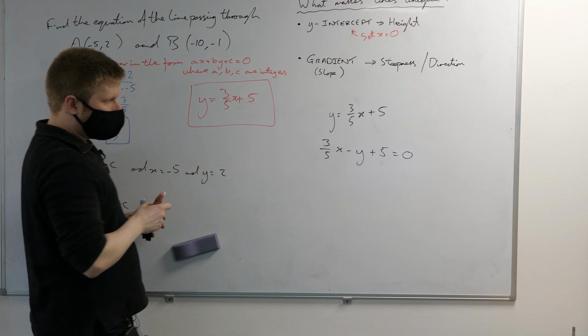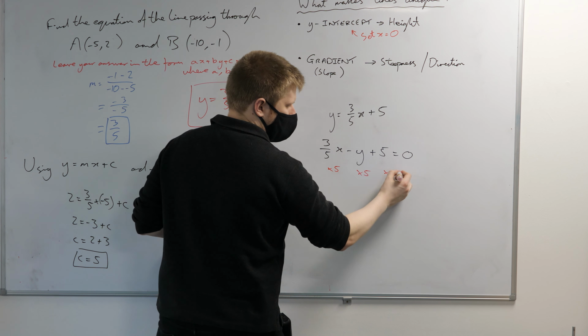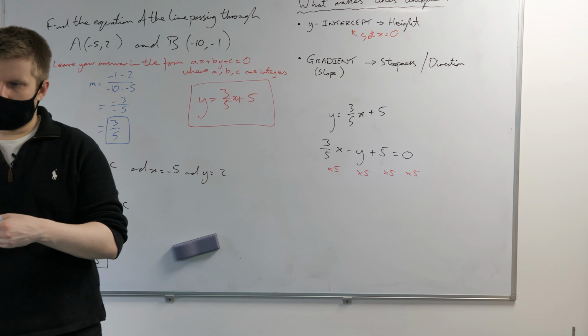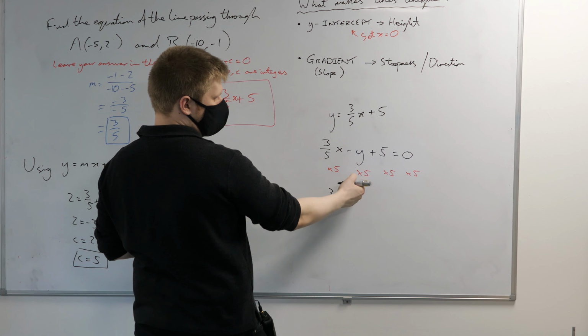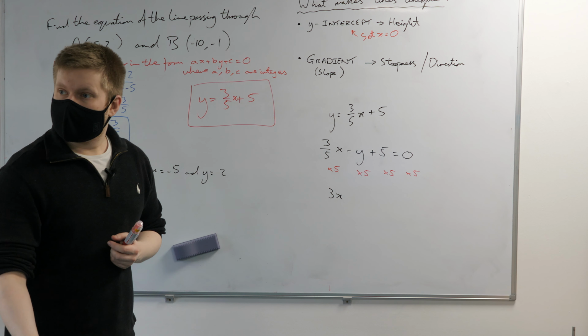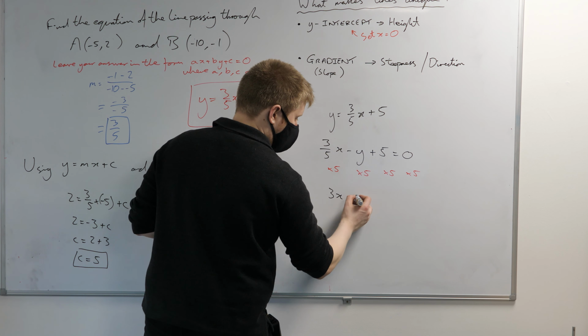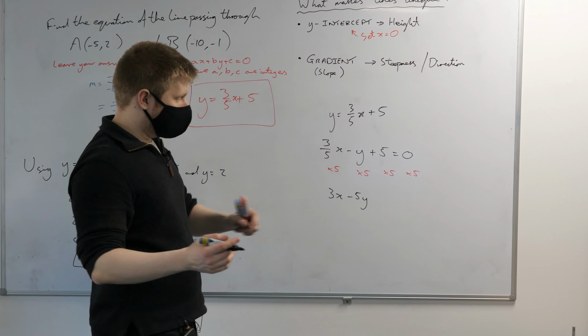So what I'm going to do is go through and multiply every single term by 5. So what's 3/5 times 5? 3. Good. So this is going to be 3x. What's -1 times 5? -5y. That makes sense? Yeah, because you're timesing by 5.